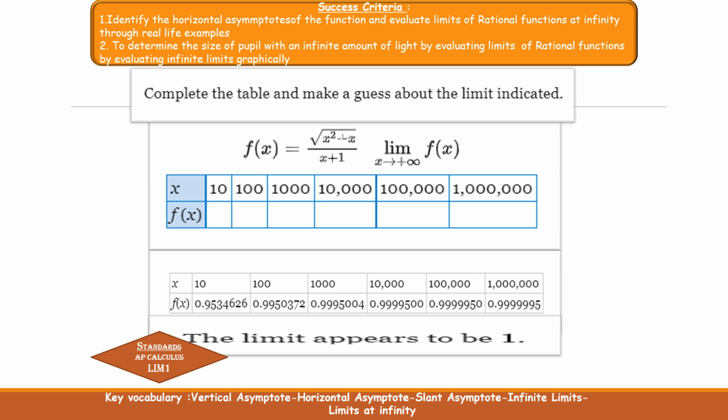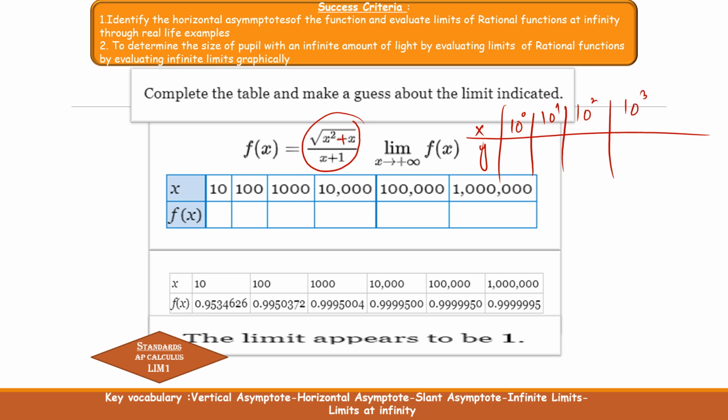So let's practice one more question. No matter what the question is, your way of writing should be the same. Write x and y. Always write 10 to the power of 0 for the positive infinity, then 10 to the power of 1, 10 to the power of 2, 10 to the power of 3. No more than that, because this will give you the answer. On 10 to the power of 0, I guess you will get 1.